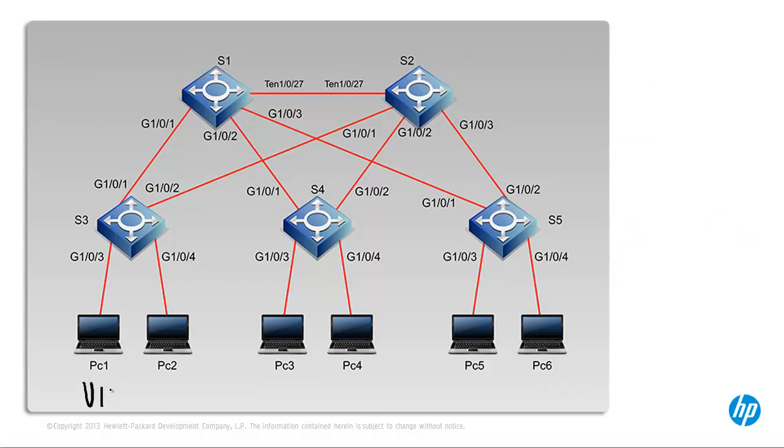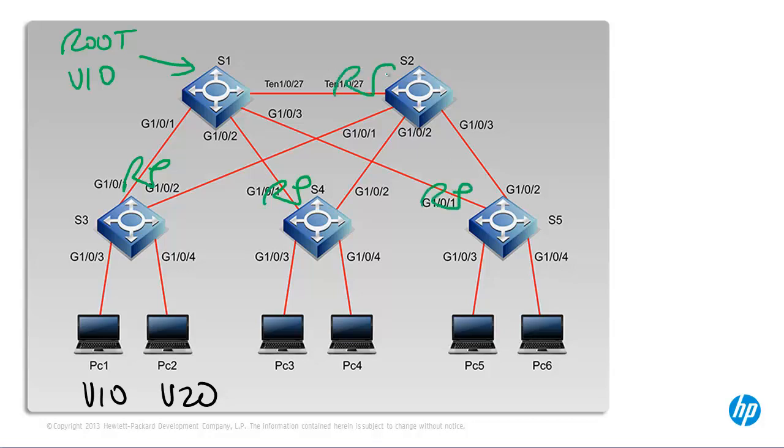For example, this PC is in VLAN 10 and this PC is in VLAN 20. Switch 1 is the root for VLAN 10. That means this would be the root port on switch 3. Very much the same as what we saw previously with 802.1d. Root ports would be determined as follows on the other switches.